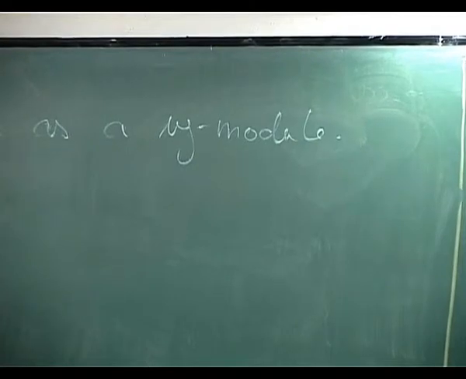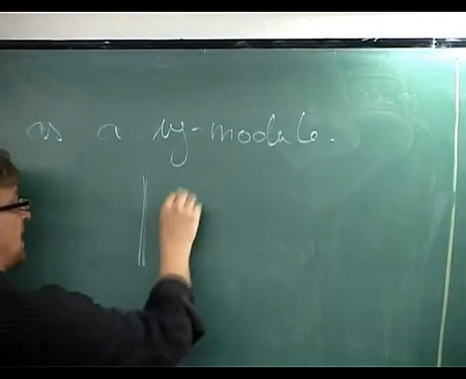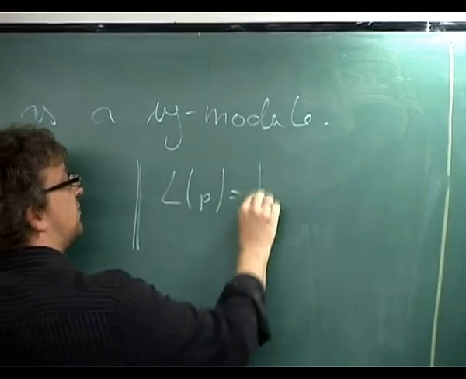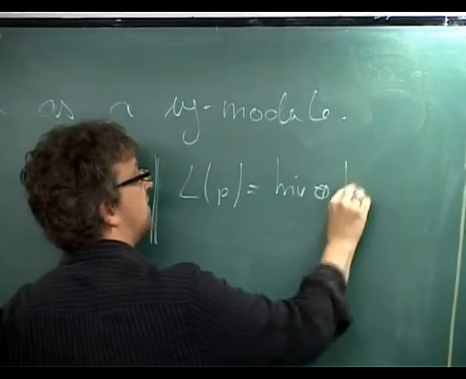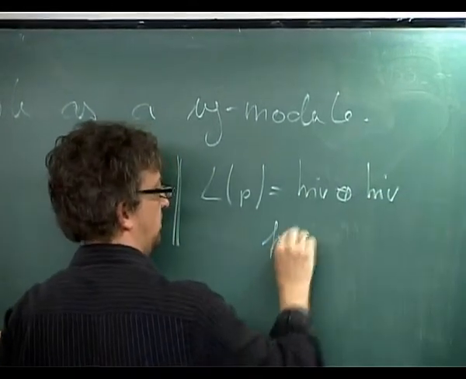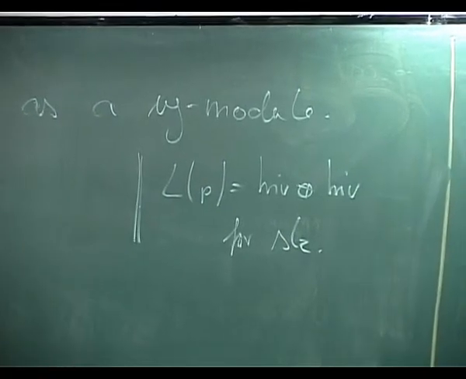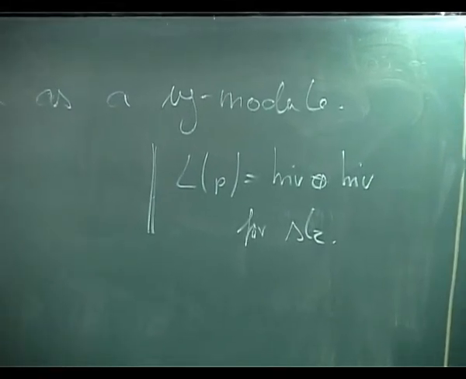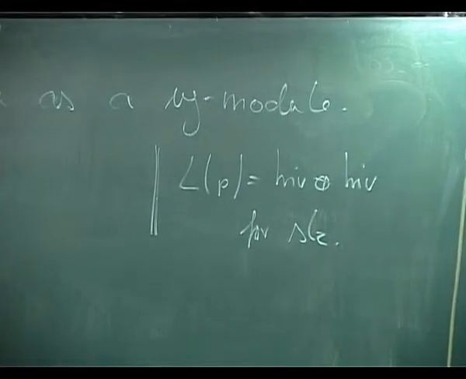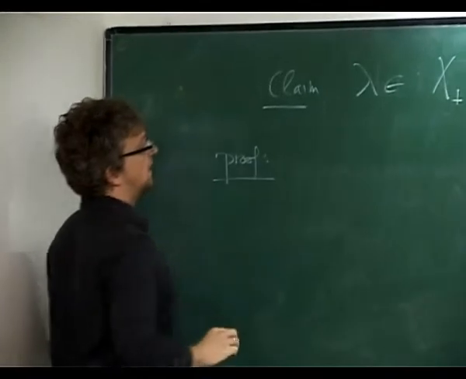So we saw in this one example that L p is the trivial module plus the trivial module for SL2. This we calculated. So it's definitely semi-simple as a G module, and the proof is not so difficult.